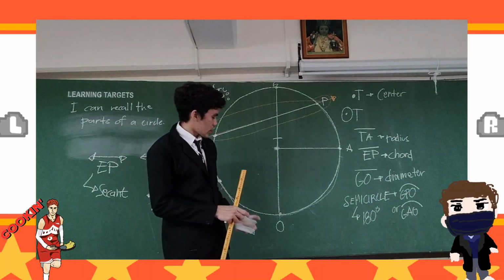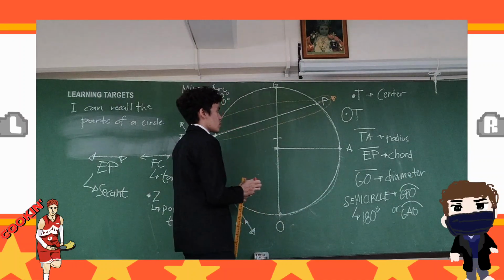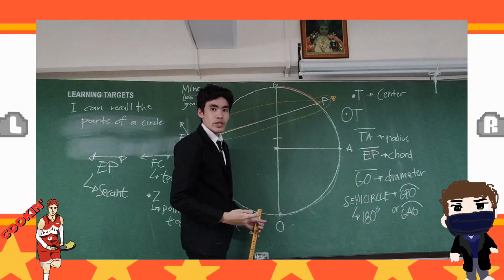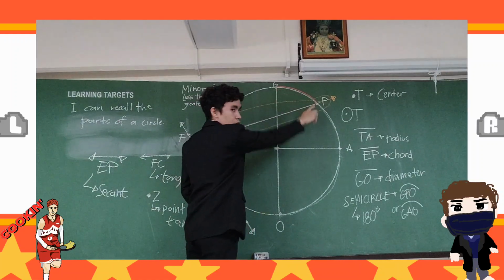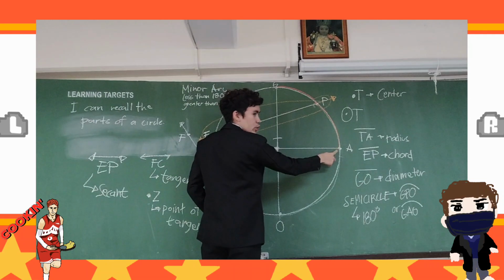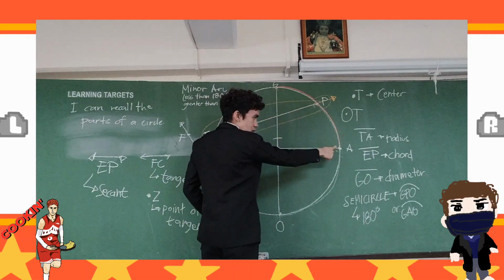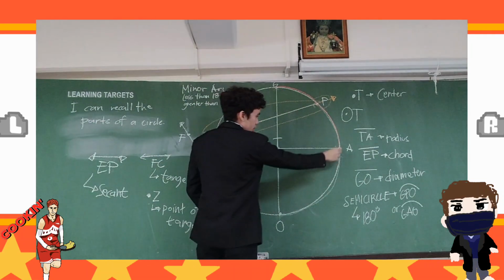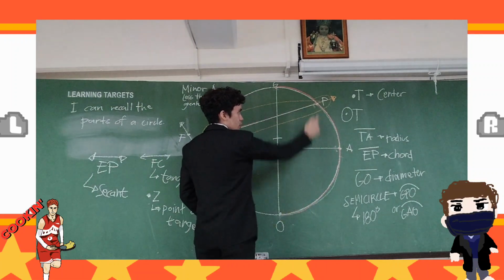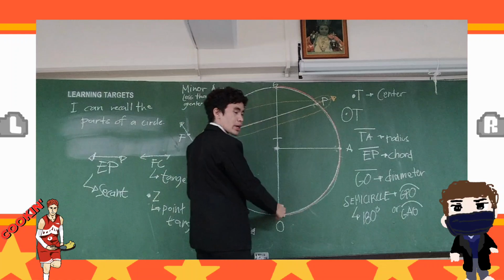So we can have minor arcs such as GP. GP is an arc. You can see it? G to P is an arc. Same with P and A. It's a minor arc. GA is a minor arc also. AO is also a minor arc. PO is also a minor arc.